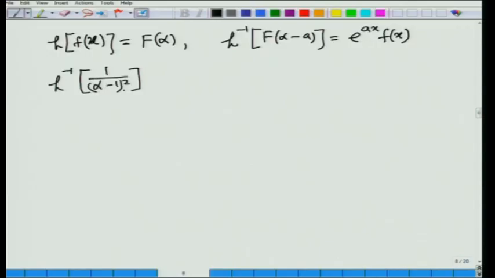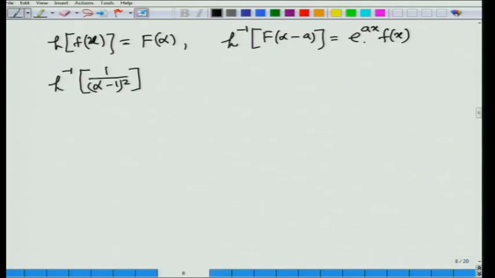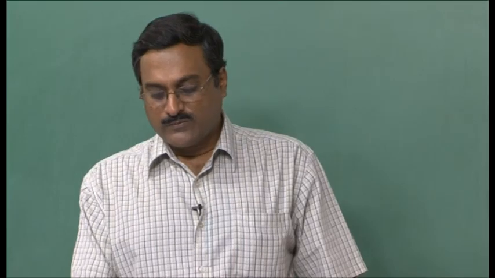If we consider F(alpha) equal to 1 by alpha square, then 1 by (alpha minus 1) whole square comes out to be F(alpha minus 1). So, with a equal to 1, and using this first shifting property, we can write this is equal to e to the power x into x, because this e to the power x comes from the part e to the power a x, and this x stands for f(x), because 1 by alpha square is actually the Laplace transform of x.